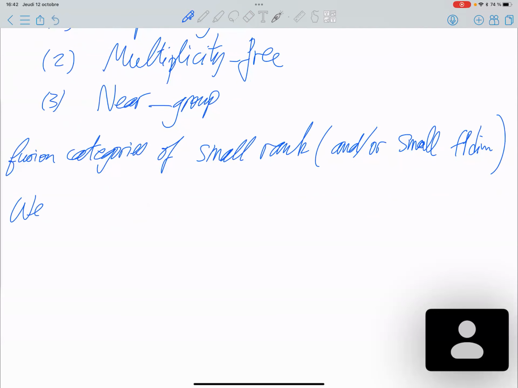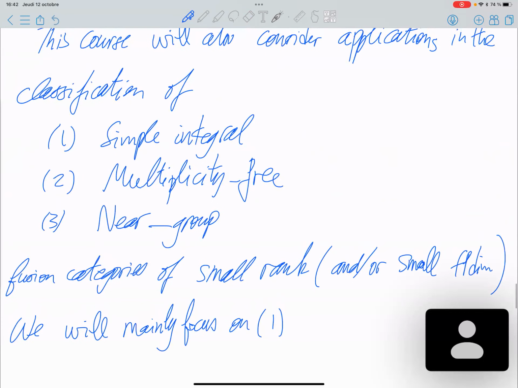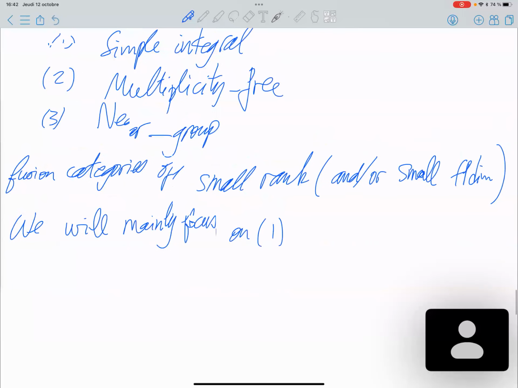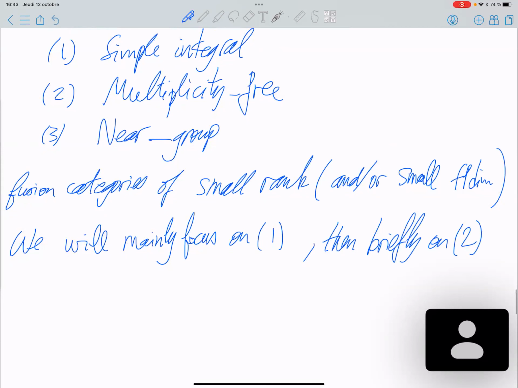So as I said, I will repeat. We will mainly focus on the type 1. In fact, we will be more specific. It will be simple integral, 1-Frobenius, unitary fusion category. I will explain this notion later. Then we will briefly mention the kind 2.